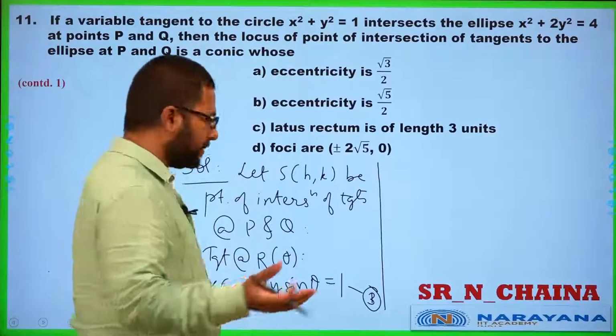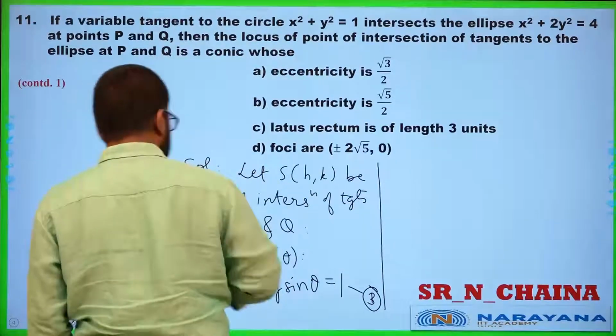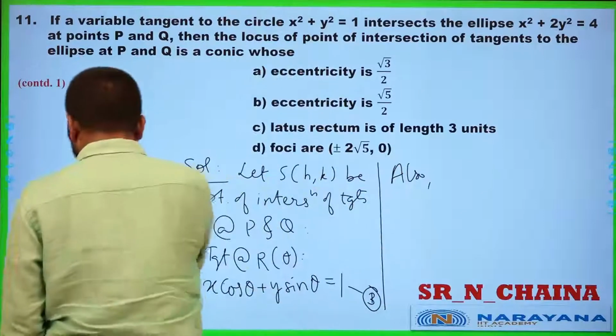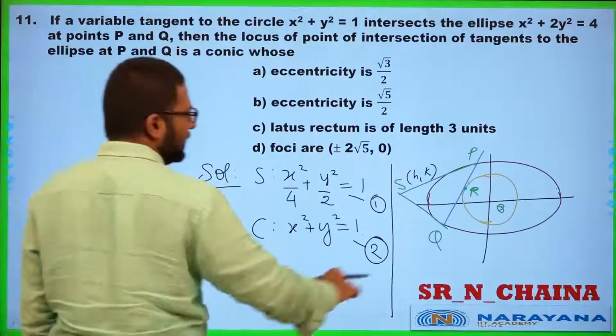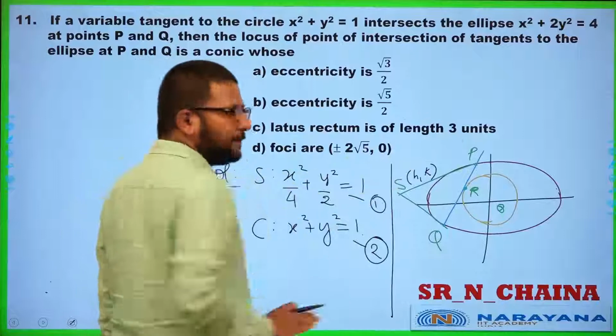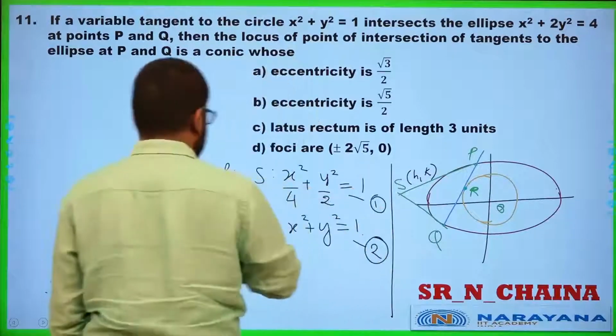And then we also know, so also I can call PQ. Observe this, PQ we have written as a tangent at point R. PQ is also the chord of contact of point S. Can you see that?